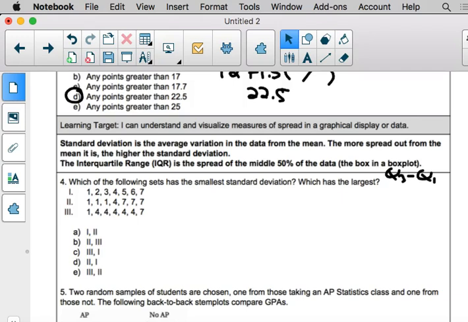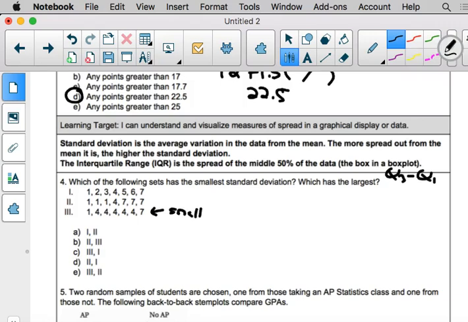Which has the highest? Well, the smallest would be the one where the data is most near the center. Here the center is 4, so that one is going to have a very small standard deviation. It has a lot of the data around the center, not so much at the extreme edges. The one with the largest is going to be the opposite of that.